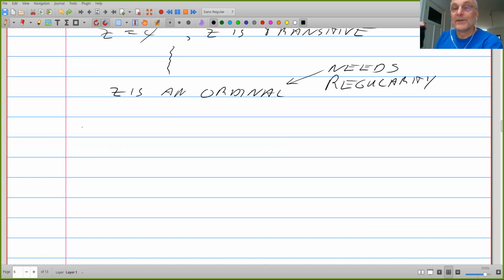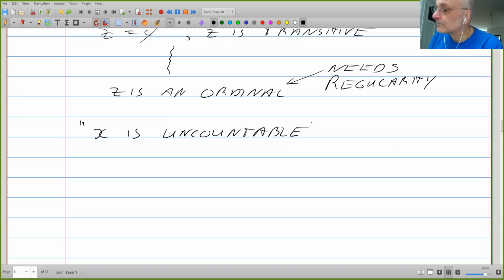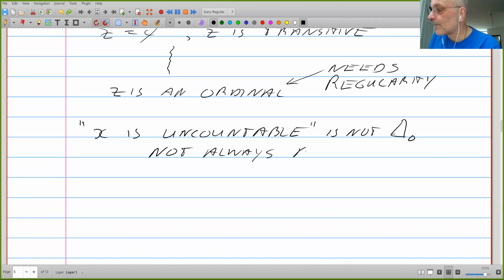Yes, and those are the things that we can force to be true or false. X is uncountable is not delta zero, and it's also not always absolute, because there are always large enough transitive sets where it does work.